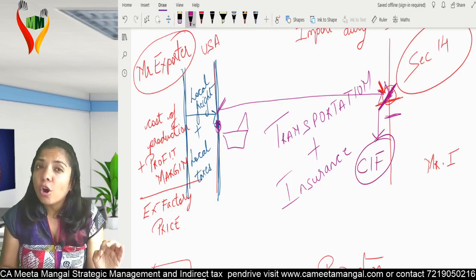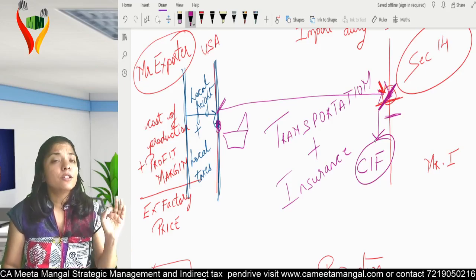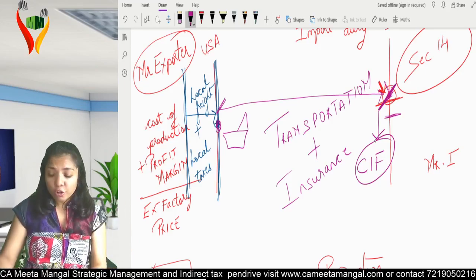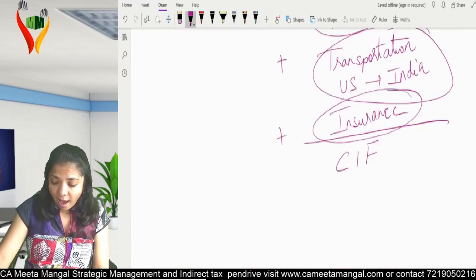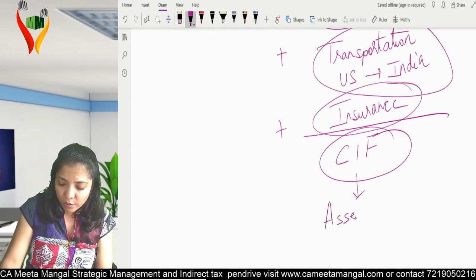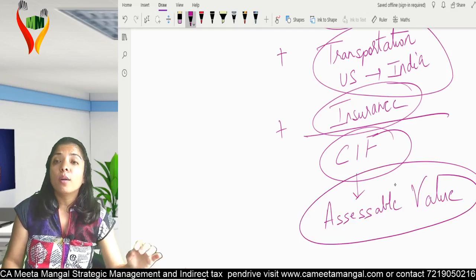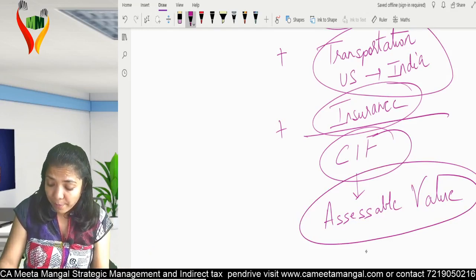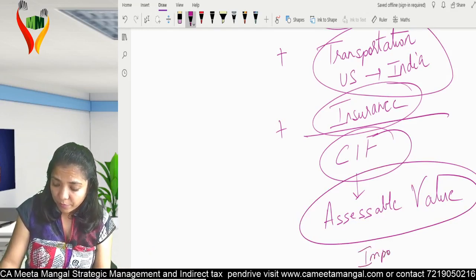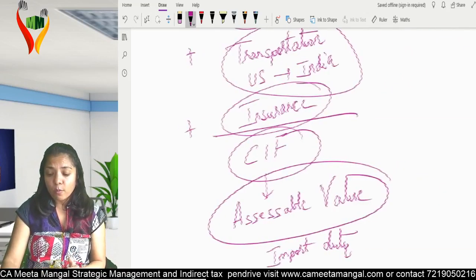CIF means cost, insurance, freight. That means this CIF is my assessable value, on which I am going to pay my import duty.